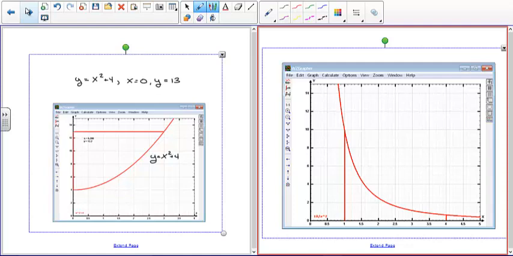So think about it. I'll give you 30 seconds to make a decision. You have to vote one way or the other, horizontal or vertical.